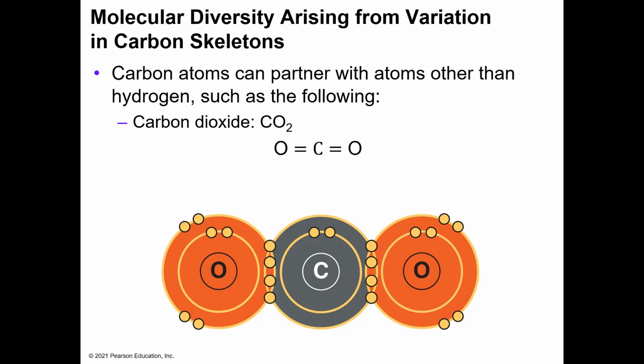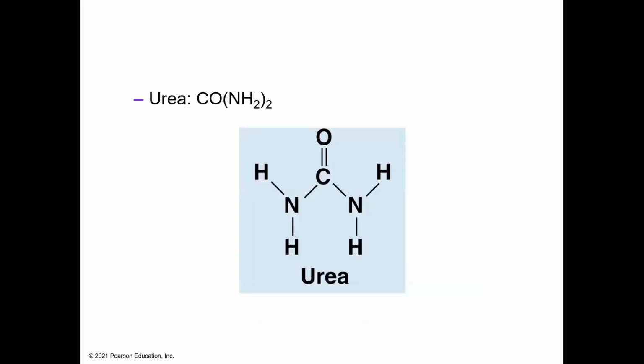A lot of other organisms on the planet love carbon dioxide, such as plants. Even carbon forms the basis of, for example, urea. Urea is the fancy word for pee. Urea is one of the most common compounds on the planet because everything urinates.